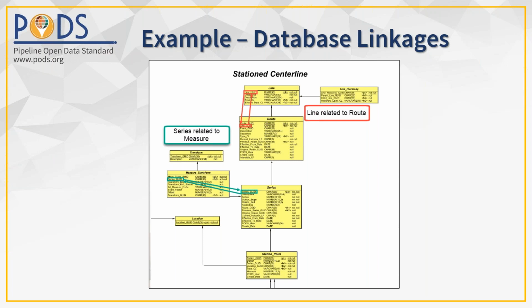So you can start getting the idea, I hope, that these unique identifiers are actually the cement that solidifies the relationships between tables in the data model and gives you the connectivity that you need, especially when you're doing things like measuring or modeling or just querying.